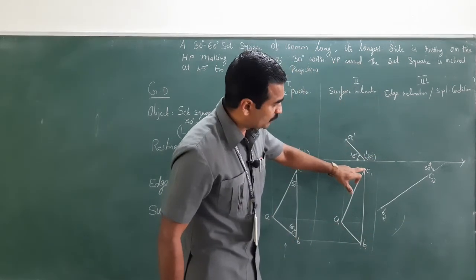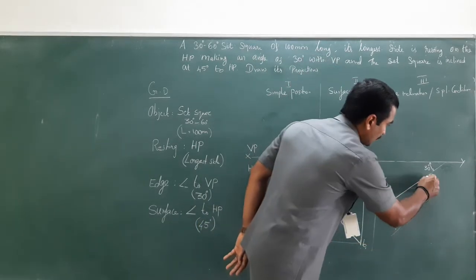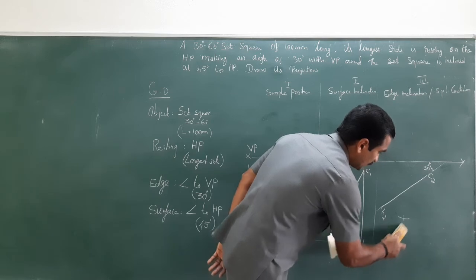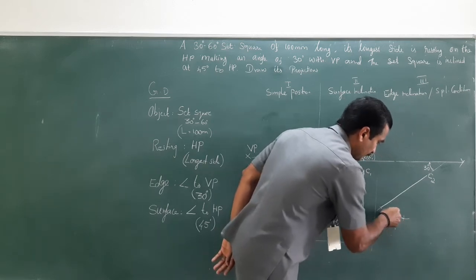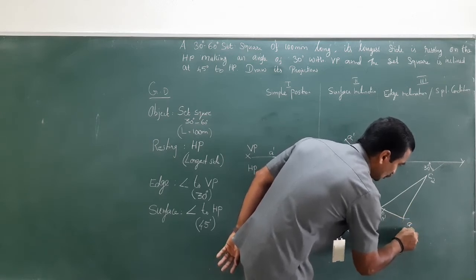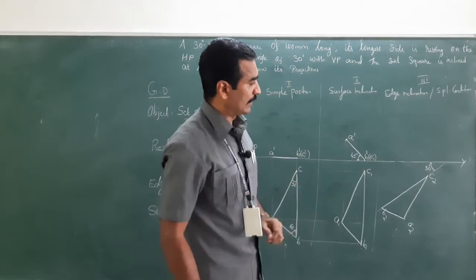Now measure the distance between C and A in your compass. Keeping at C, cut an arc. There is an intersection point, right? Now connect it. So this becomes A2.